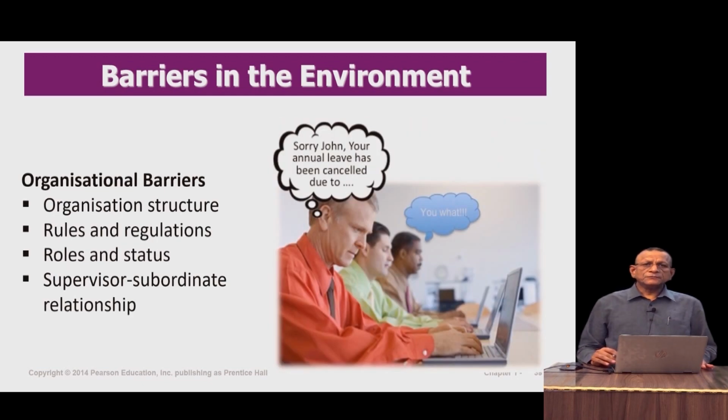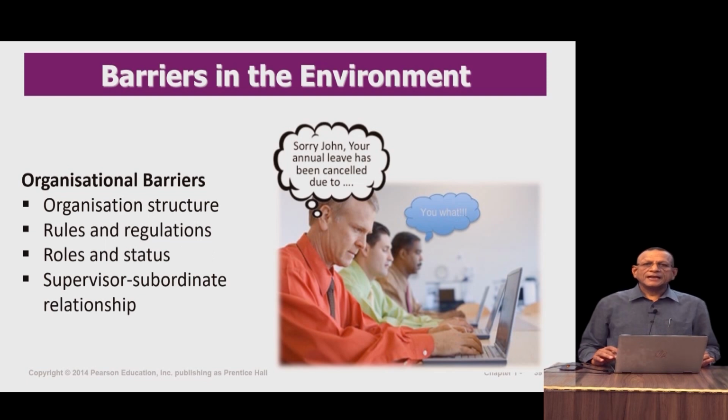Now, we have a few organizational barriers also. We have already understood what this organization is, with the help of one organogram, that organogram is in a position to show the organization structure to us. Formal, informal, upward, downward, horizontal communication we have understood.